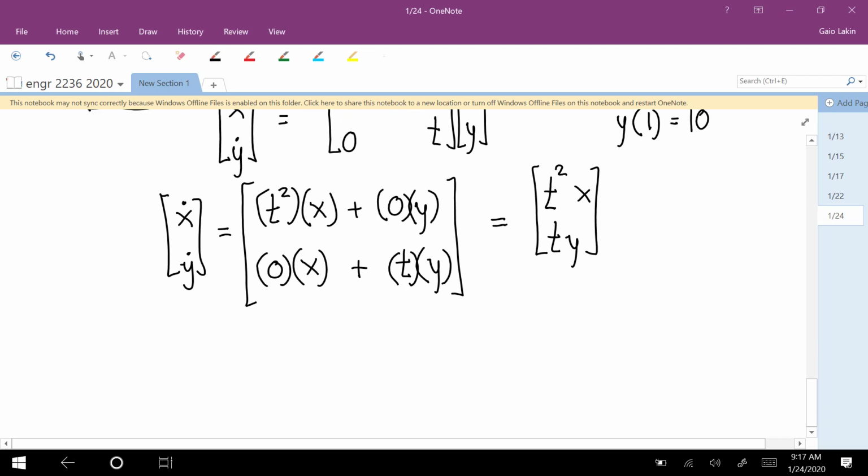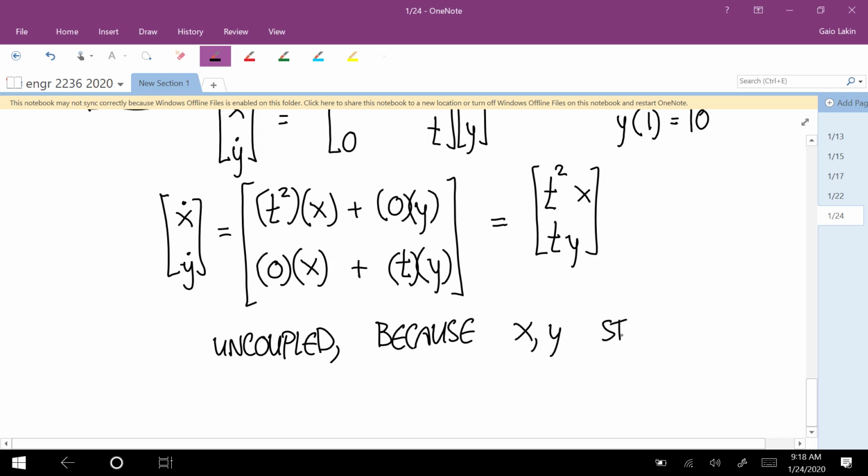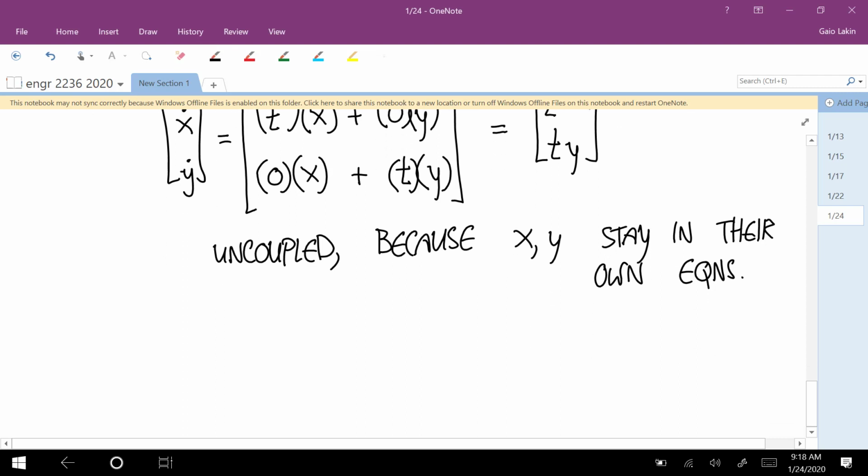And now that we have it in that form, we can see that that's an uncoupled system of differential equations. It's uncoupled because x and y stay in their own equations. And that means you can just solve it as two totally separate differential equations.